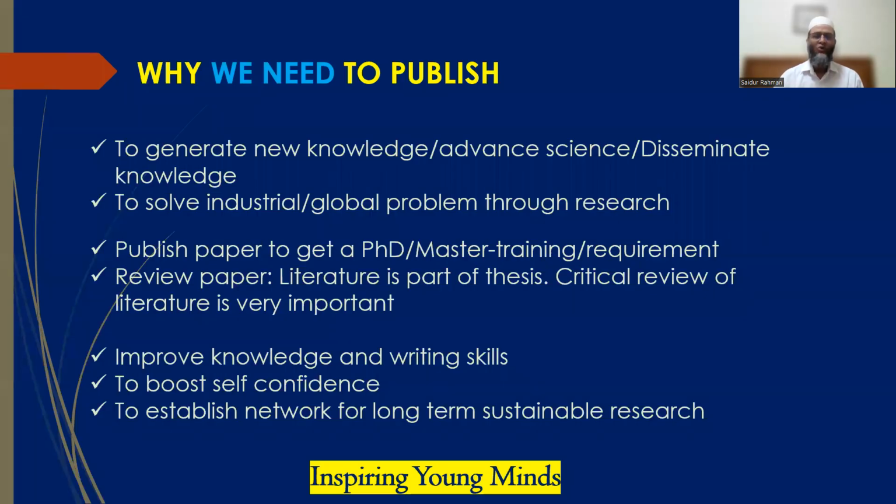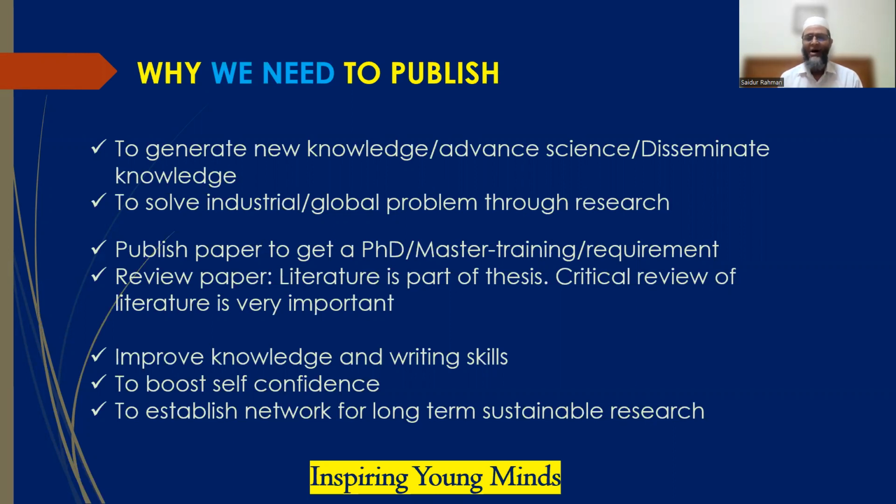So let me start with why we need to publish. This is for both original and review papers, but the particular focus will be why we need to publish in a high impact journal, in a high quality journal. One of the most important reasons is that we need to generate new knowledge, advance science, and disseminate knowledge.